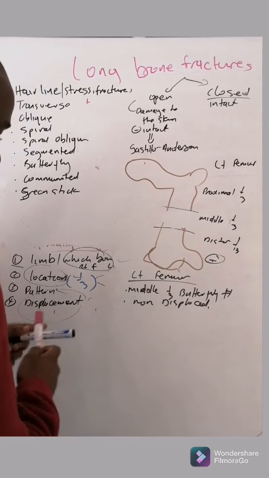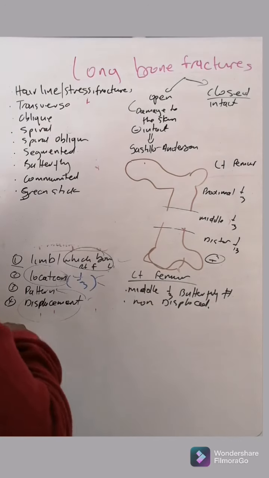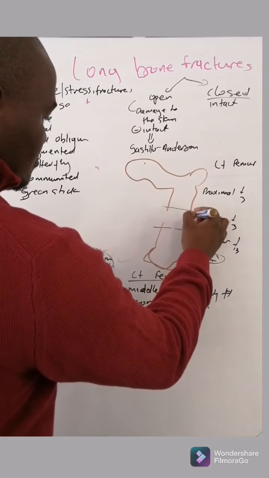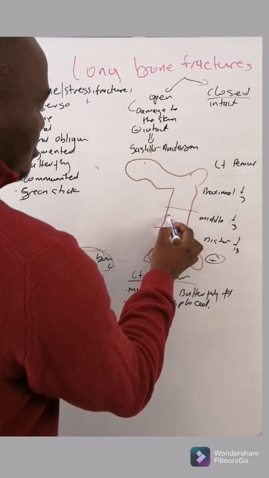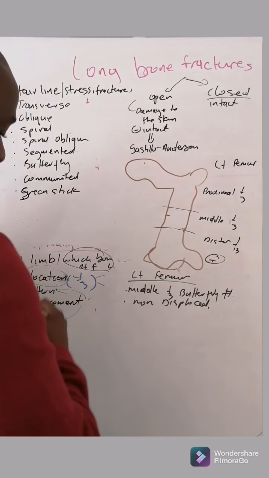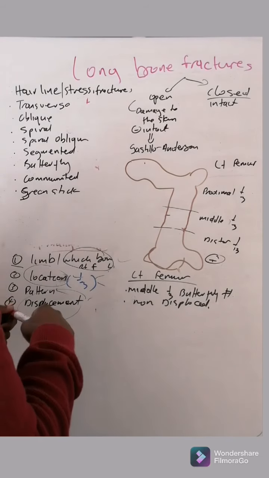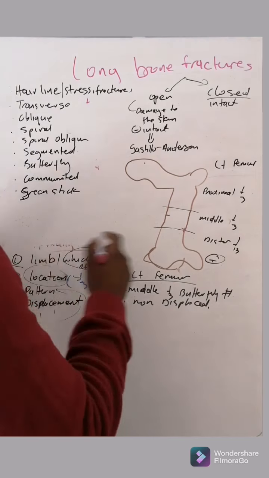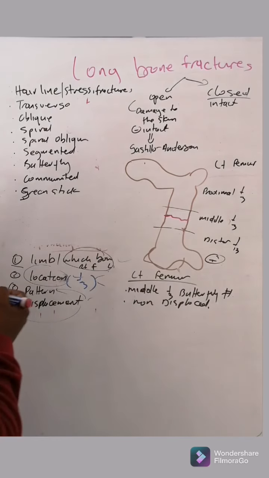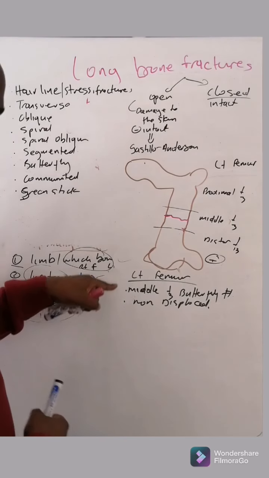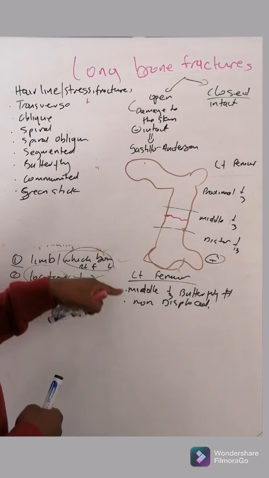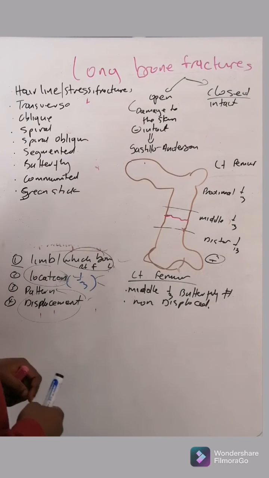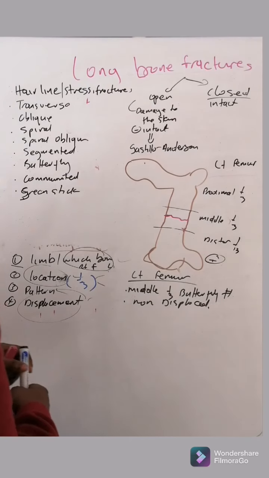Let's say now my fracture is like this. Still the middle third. So I would say left femur, middle third transverse fracture that is undisplaced, right?